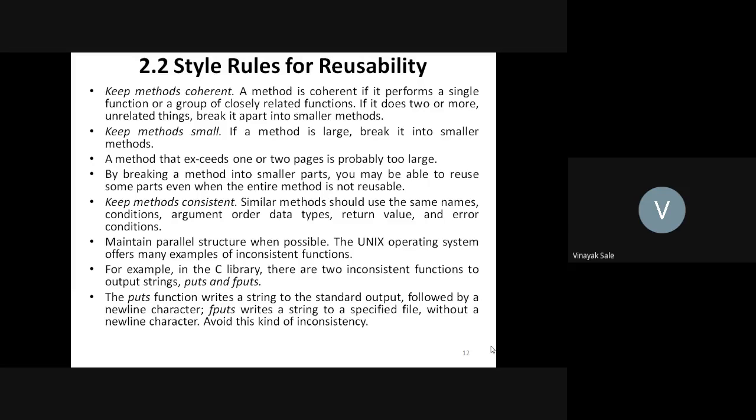The puts function writes a string to the standard output followed by a newline character. fputs writes a string to a specified file without a newline character. Avoid this kind of inconsistency.